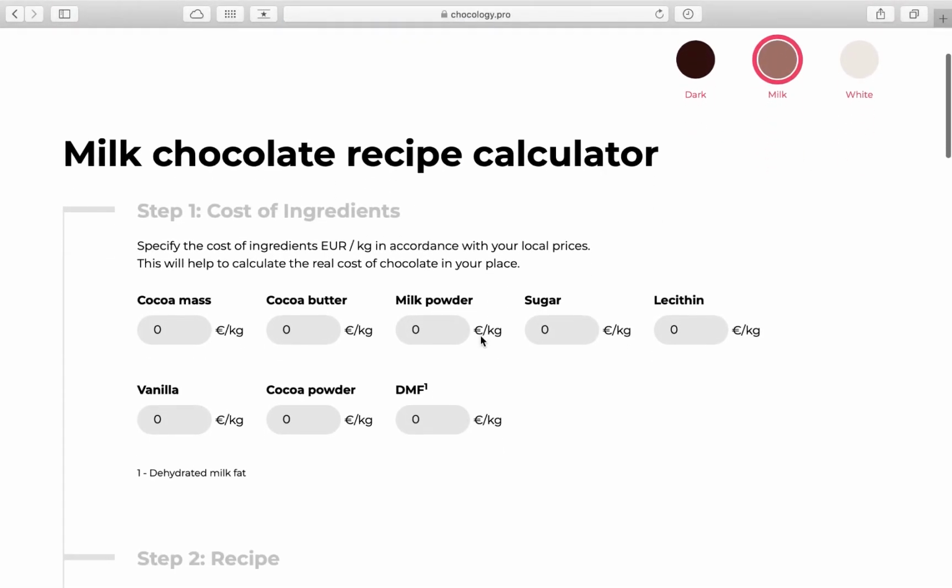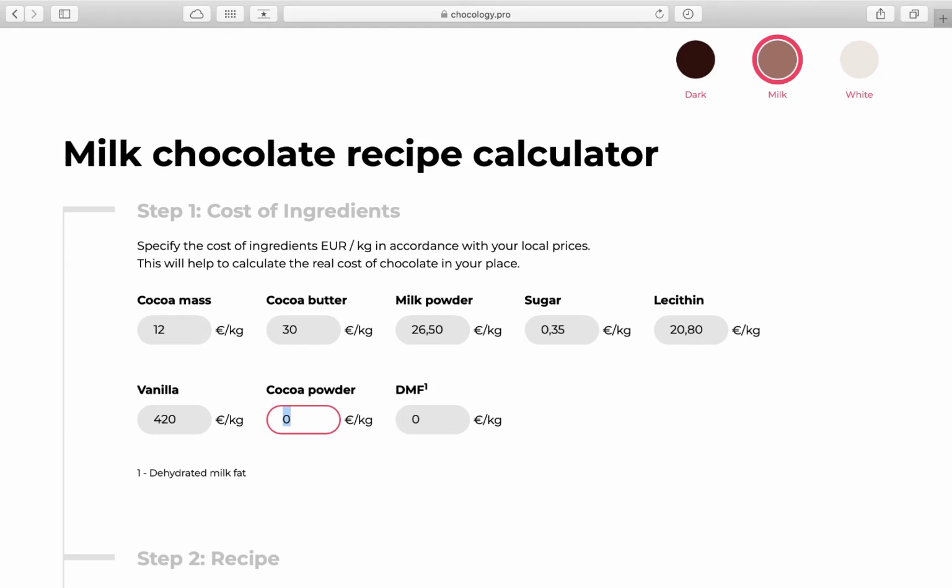Here we also indicate the cost of our ingredients. We use liquor 12, cacao butter 30, milk powder 26 and 5. I will also change sugar to 0.35, emulsifier 20 and 8, vanilla 420.